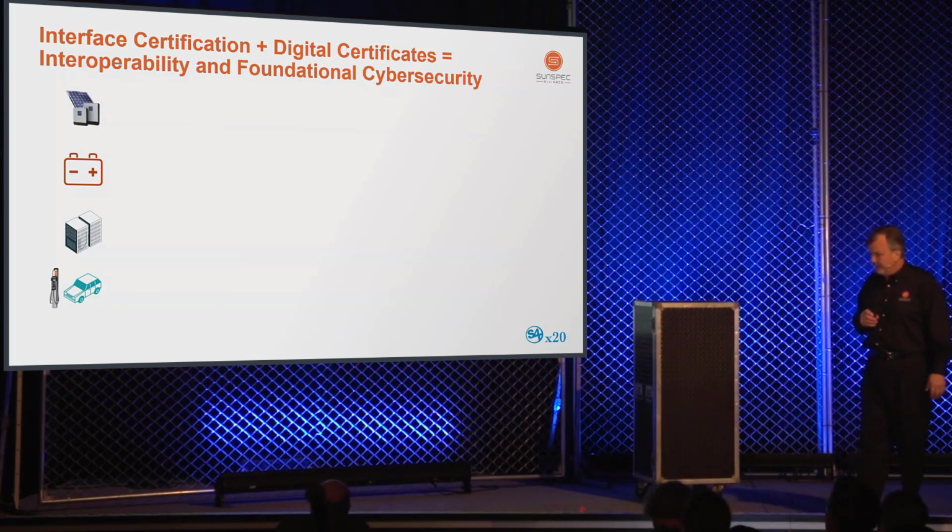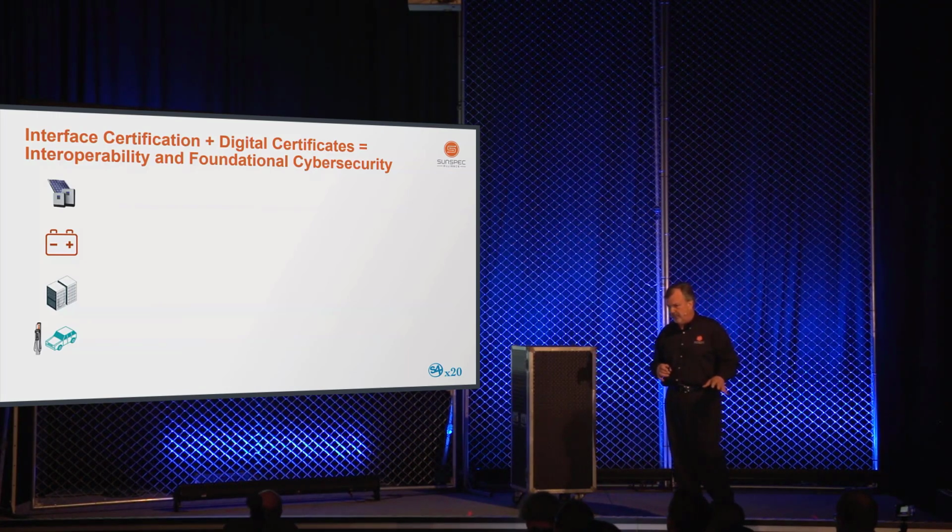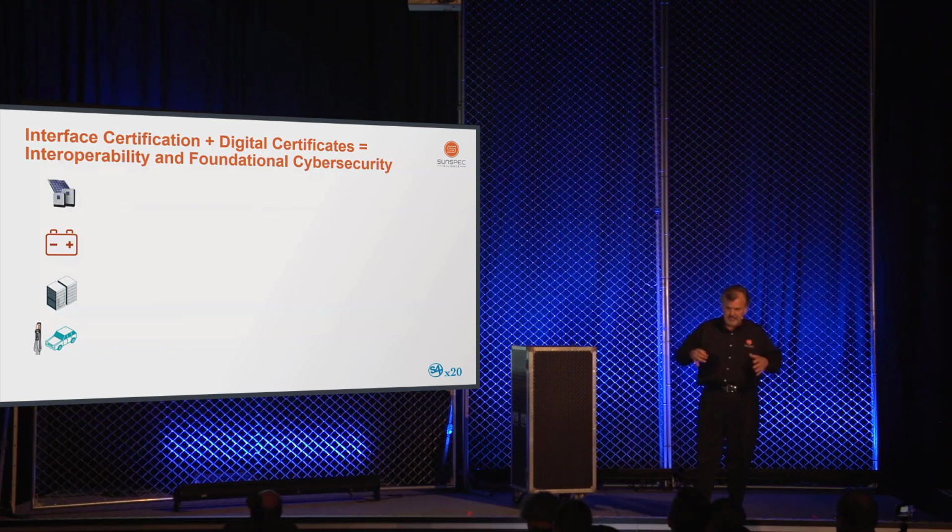So how do we do that? SunSpec operates on the basis that if we can create information standards and deploy them on a uniform basis, we can drive down costs, we can drive up innovation, and we can make the whole system secure. It's secure enough to keep going to get the process started in any case.